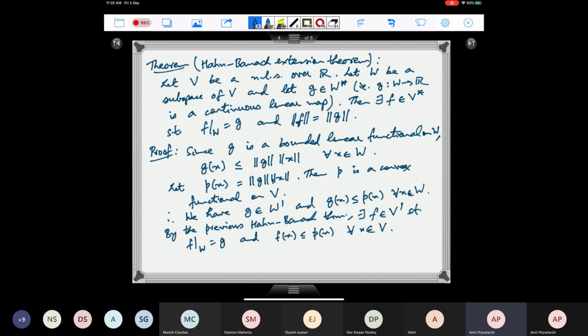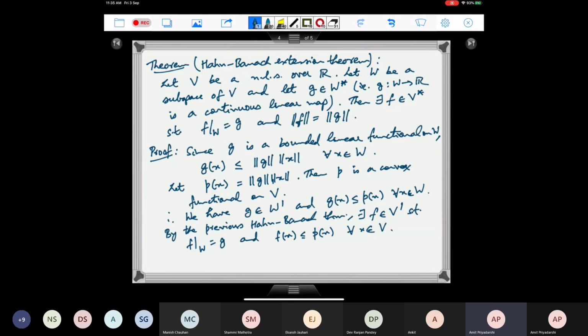So I can say that here there is a complex normed linear space, W is a subspace, and G is a continuous linear functional. And then can we say that there exists a bounded linear functional f on V, which is an extension of G and norm f equal to norm G? That perfectly makes sense. And in fact, we will prove that that is also true, right?